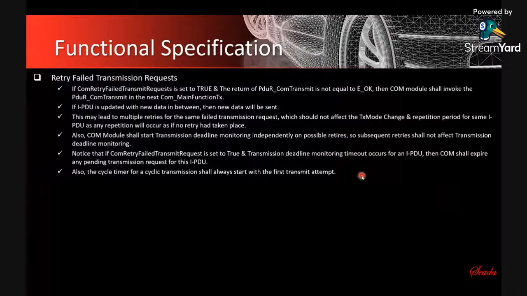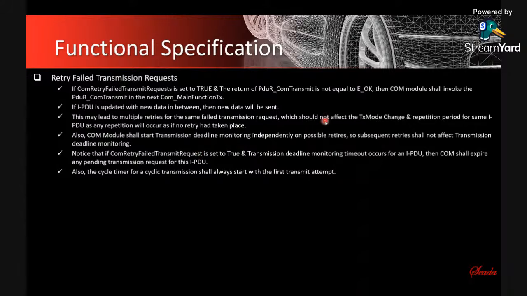Except for one timer, the transmission deadline monitoring timer. It's always started from PduR_ComTransmit because, as I mentioned, this timer is used by the COM to monitor and supervise the lower level under the COM. So if it triggers PduR_ComTransmit and something goes wrong and it doesn't return okay, then at this time I need to stop the transmission if this timer ends, because there is some issue there.